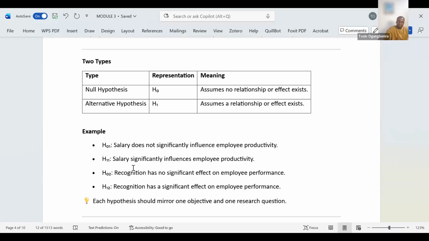And then for the hypothesis, some schools want it in your chapter 2, some want it in chapter 3, but generally it's in chapter 1. And some schools don't ask for it at all.